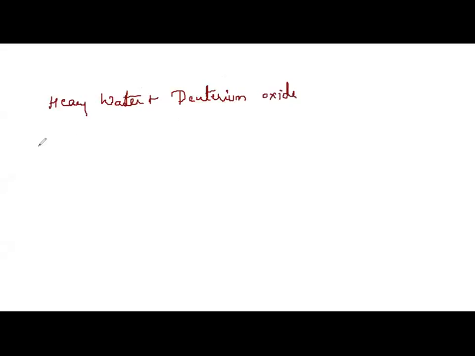See, isotopes of hydrogen: when protium combines with oxygen, it forms water. If deuterium combines with oxygen, it forms D2O. This is called heavy water because deuterium is called heavy hydrogen. It was discovered for the first time by the scientist Urey.